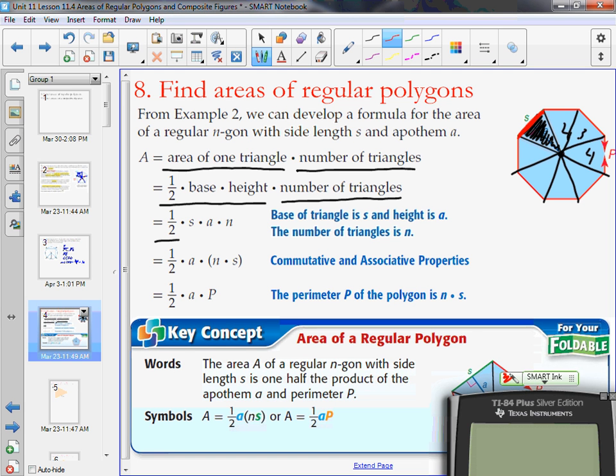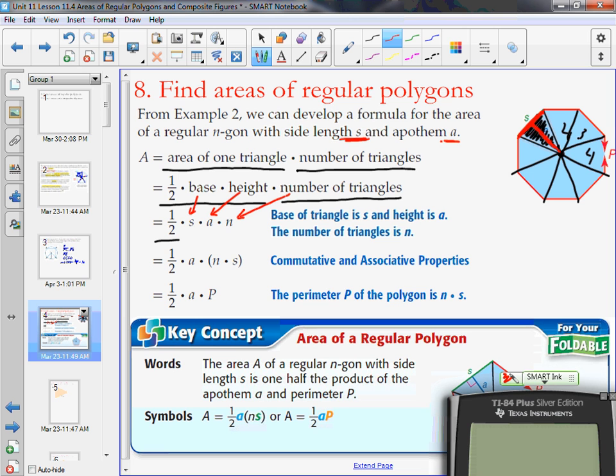And they told us to call the length of each side S. So base gets replaced with S. And then look what the height of that triangle is. It's an apothem, which they told us to call A. So height gets replaced with A times the number of triangles. And there are n triangles. So we've got 1/2 times S times A times n.